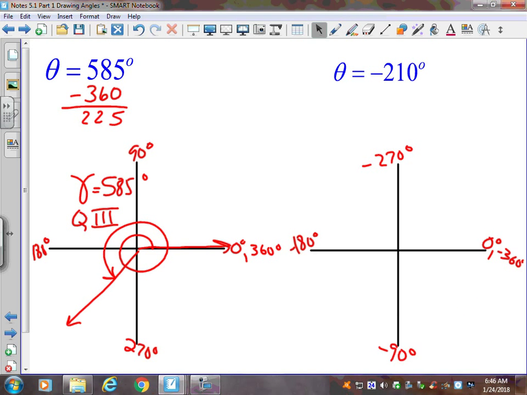So we're going to put this angle about 30 degrees above the x-axis in quadrant 2, because that's where the negative angle would be that would open around 210 degrees. So this is a beta angle of negative 210 in quadrant 2.